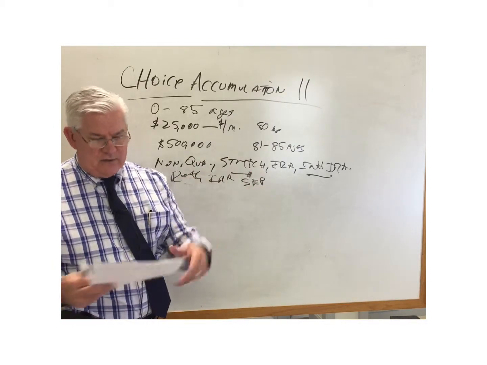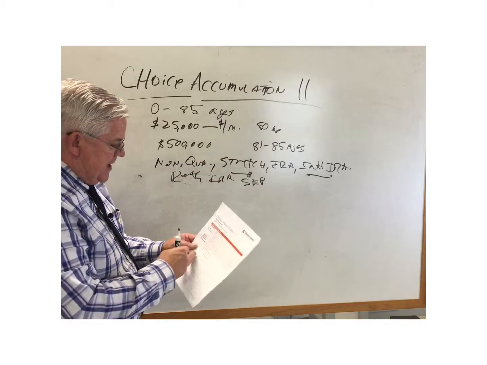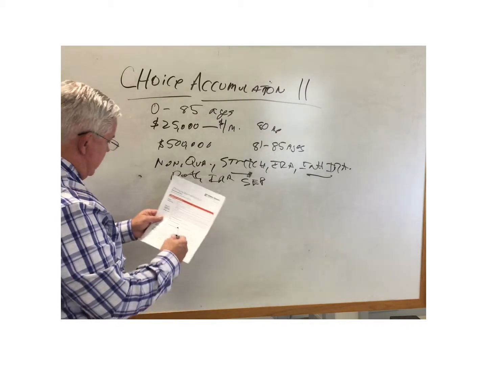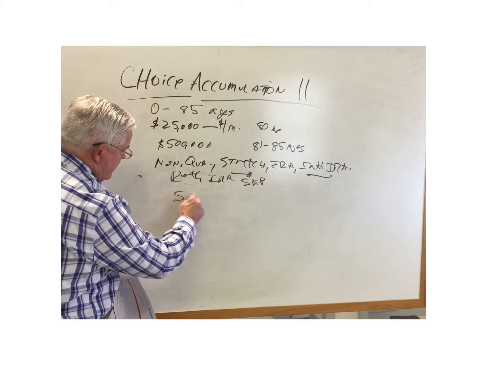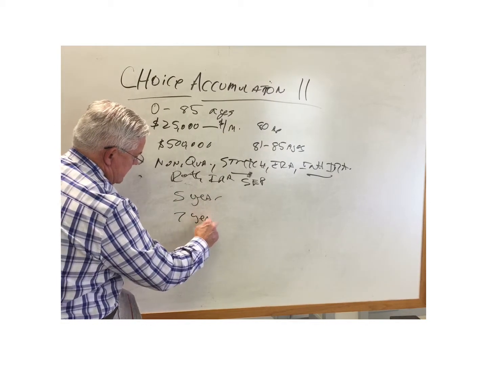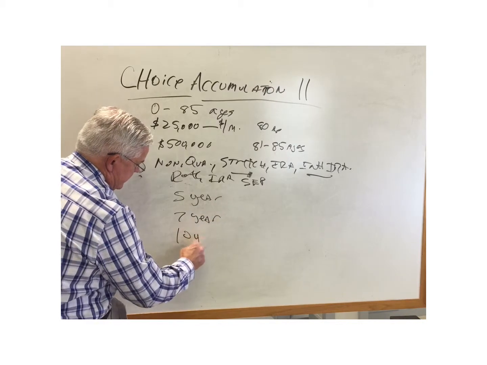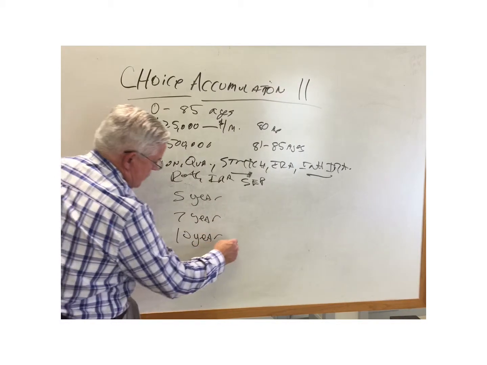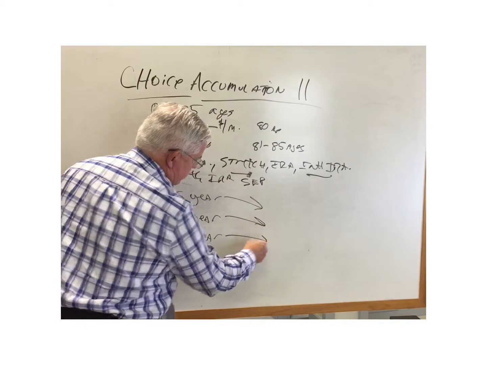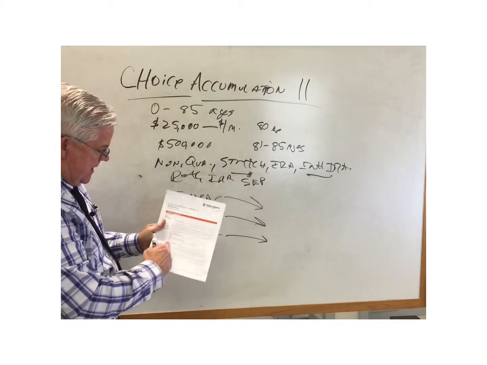We're going to dive into those a little bit deeper. But then you have withdrawal charges on this sheet here. And so see, you've got the 5-year, the 7-year, and the 10-year withdrawal surrender charge rates. So these are the different ways you can do it.